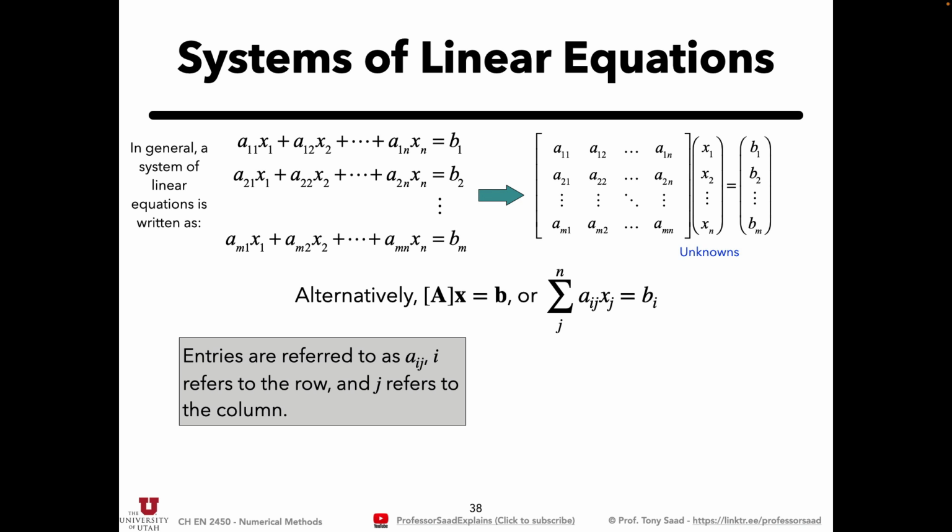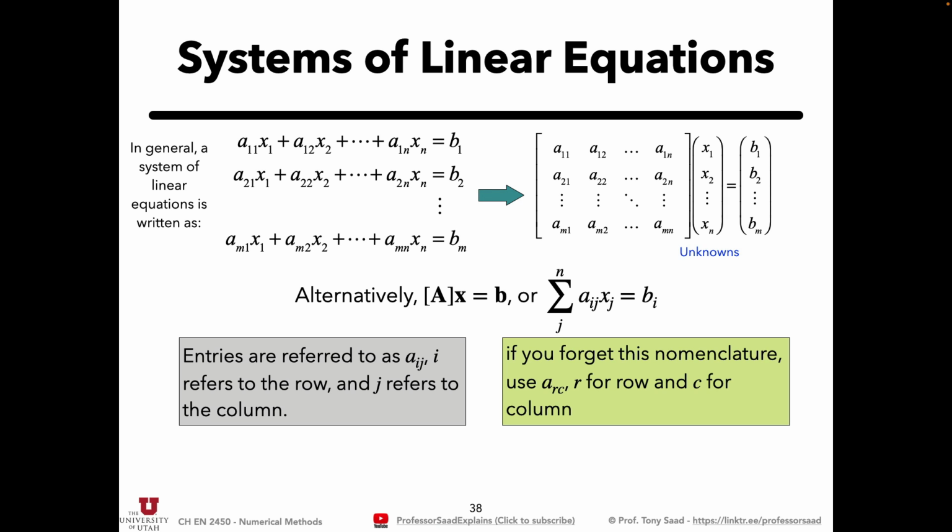But what I always personally used is the word ARC. The first index is row, the second index is column. If you want to use Aij, be my guest, but it confuses me. I like to use ARC to know that the first index under A is the row number and the second index is the column number. So if I tell you A95, you can tell this is row 9, column 5. ARC.